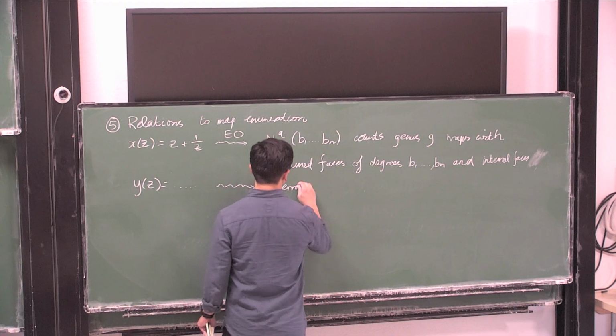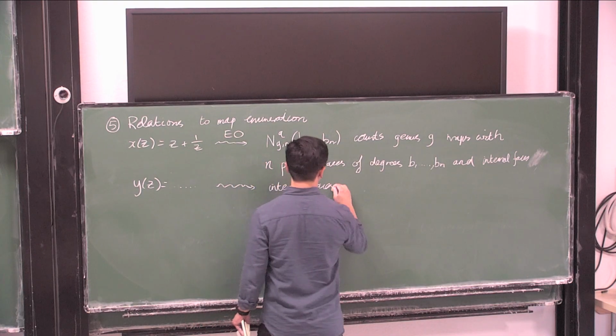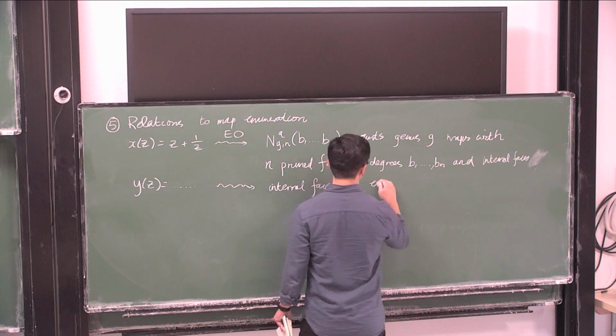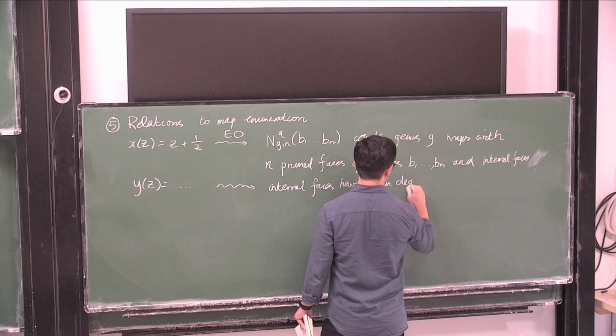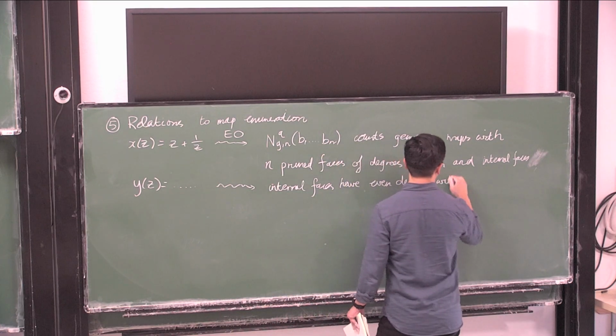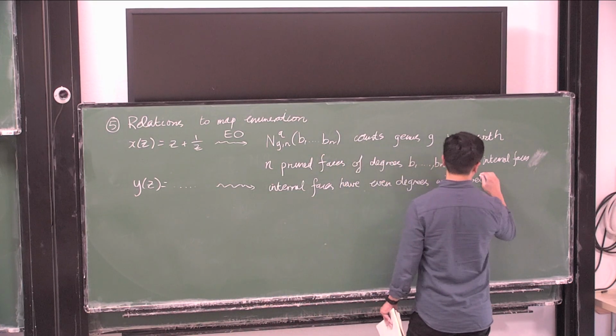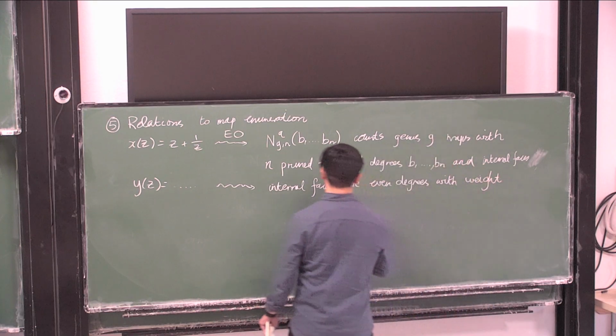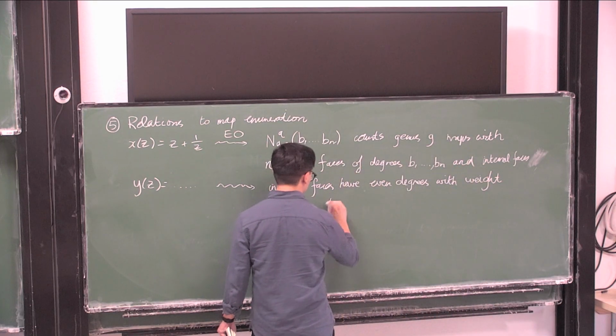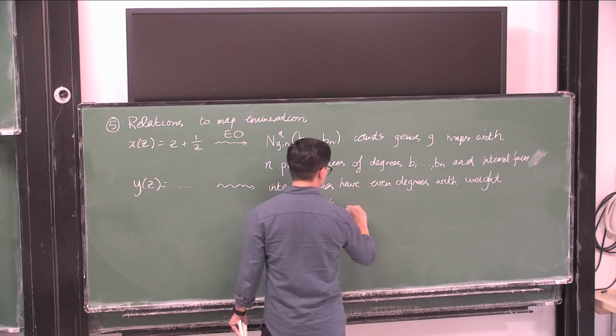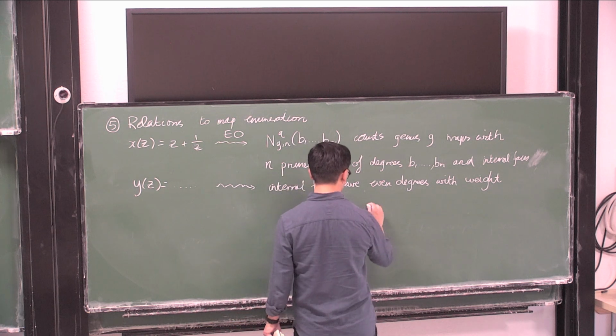The internal faces have only even degrees. And they carry the weight. I'll call it, so say you have degree 2k, then the weight is this.